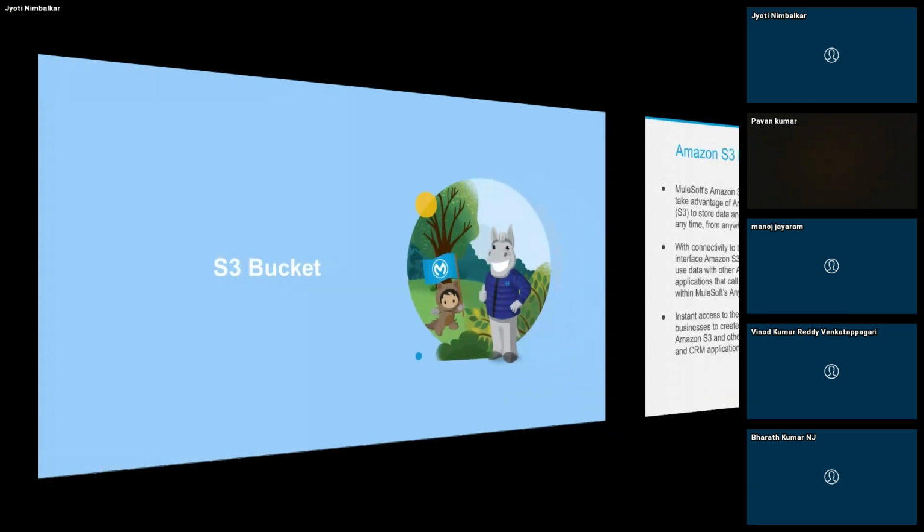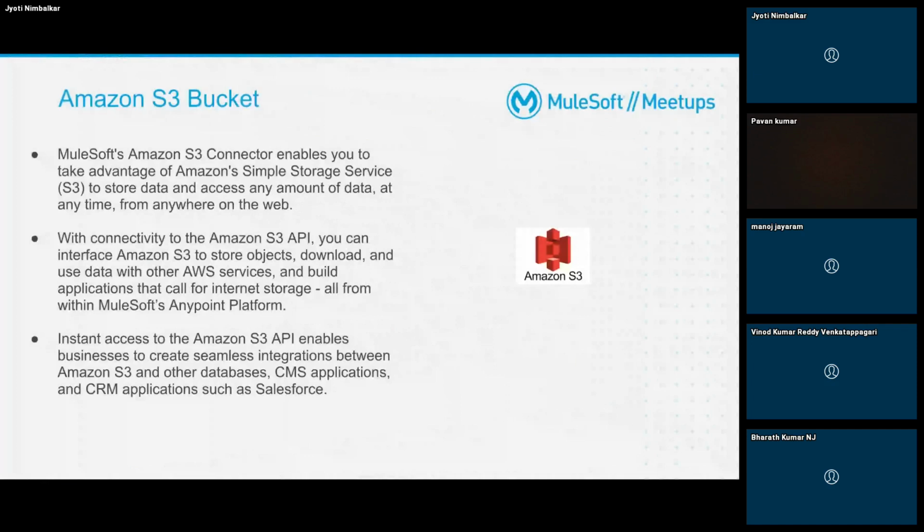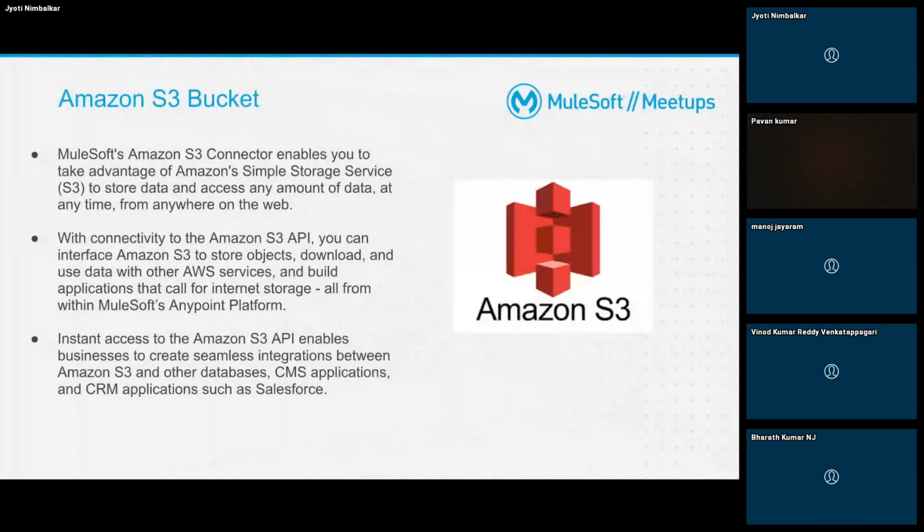Then the S3 bucket. S3 bucket is a storage connector. It helps us to store and scale our projects and to maintain data availability, security, and performance. Customers of all sizes and industries can make use of Amazon S3 to store and protect data for a various range of use cases.